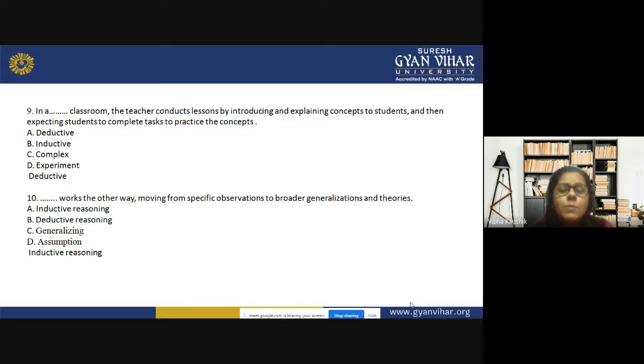Moving from specific observation to broader generalization, in inductive reasoning we are moving from specific observation, where observation of a particular situation has been made, and on the basis of those specific observations, we are able to come to broader generalization, where generalization can be made to the whole population and theories can be developed.